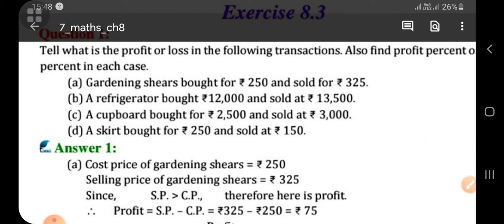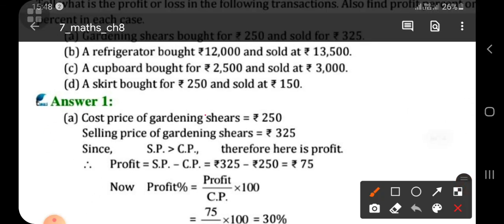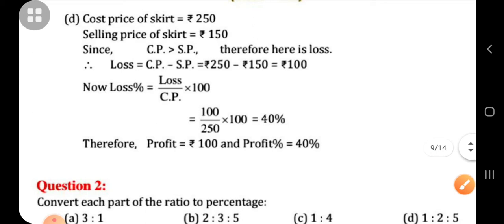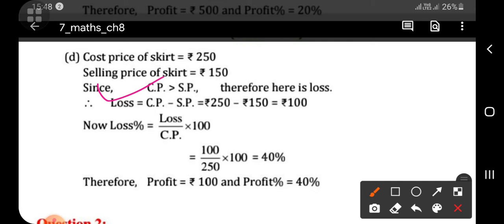Fourth one, a skirt bought for 250 rupees and sold at 150 rupees. Here you can see there is a loss because you gave 250 rupees for this skirt and you got 150 rupees, that is less than cost price. Cost price is greater than selling price, so there is a loss of 100 rupees.